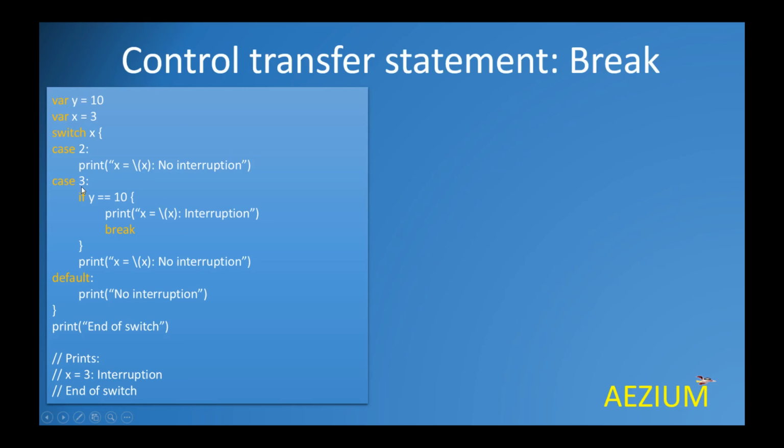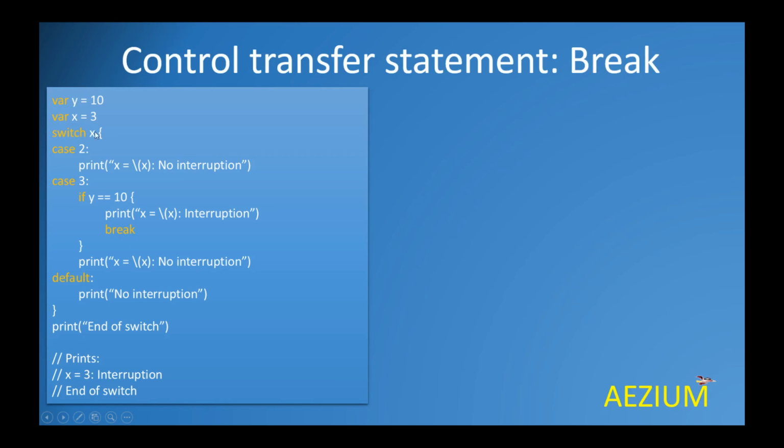If case is equal to 3 and if y is equal to 10, this if statement is run, which includes a break. And if y is not equal to 10, this line of code is executed, which again indicates there is no interruption. And the default case also indicates no interruption.